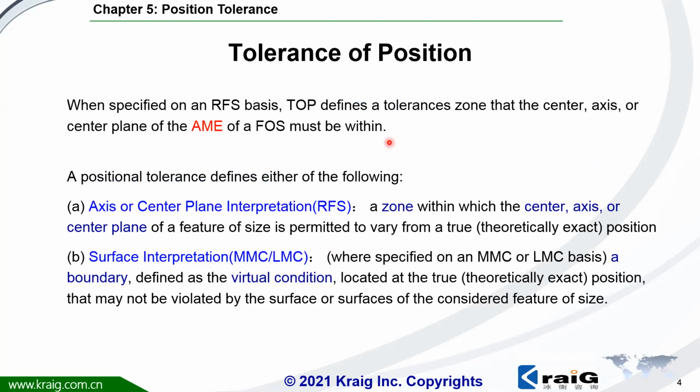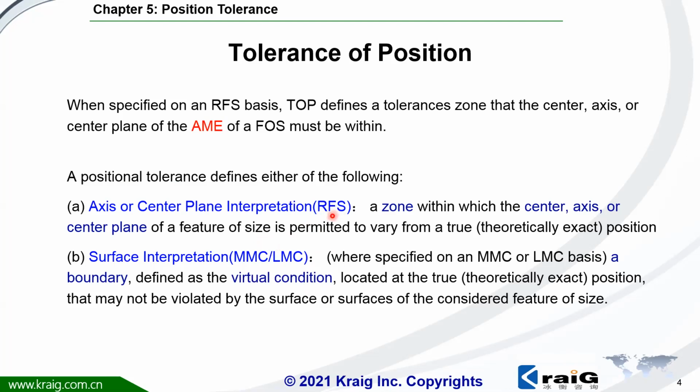We also know we could use the MMC modifier with the TOP, and we could also use the LMC modifier with the TOP. In this case, we use the terminology of surface interpretation, and this surface relates to the virtual condition boundary. If there's no MMC or LMC modifier, then it's RFS, regardless of feature size.